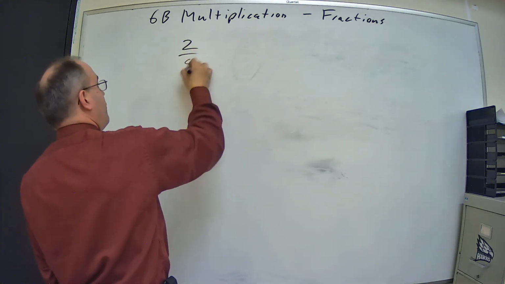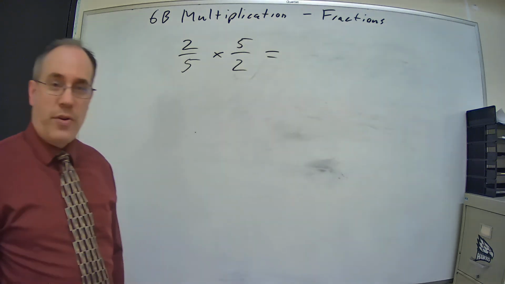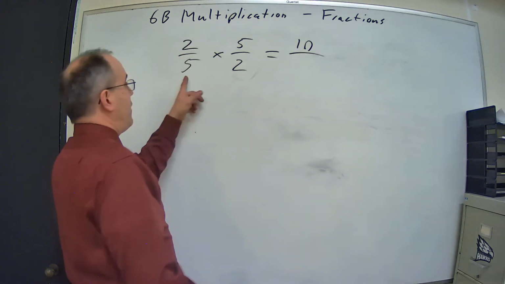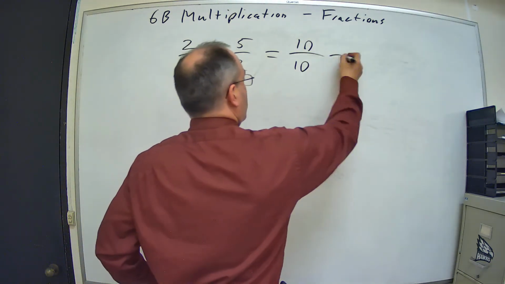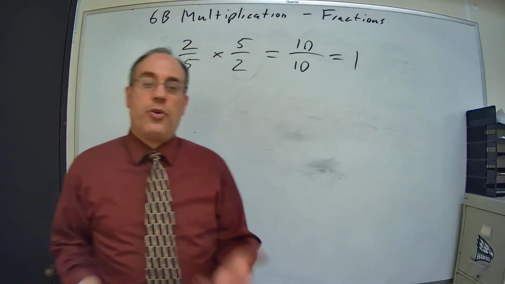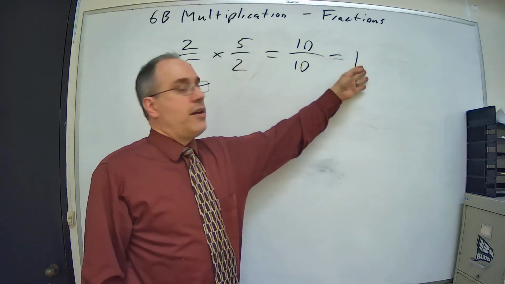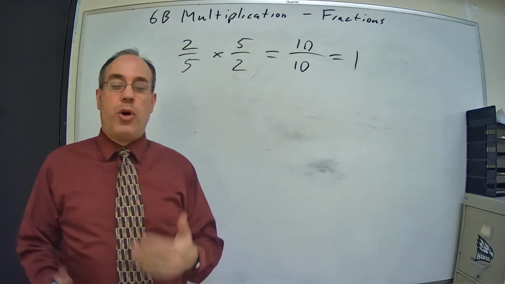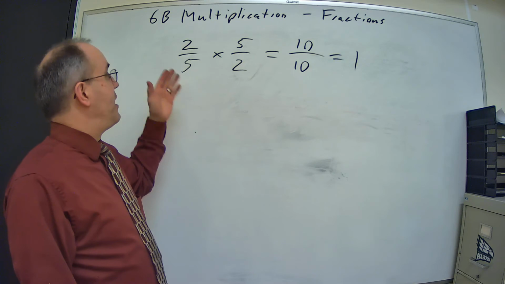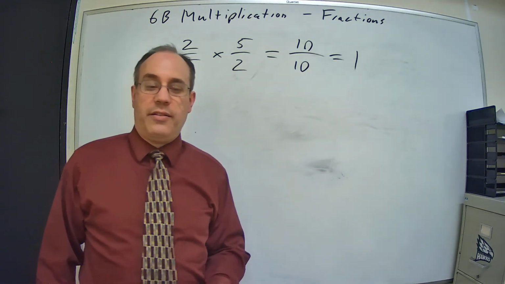If I take 2/5 and multiply it by 5/2, its reciprocal, then 2 times 5 is 10. 5 times 2 is 10. 10 divided by 10 is 1. So anytime you take a number and multiply it by its reciprocal, you get 1. And that's called the multiplicative identity. That a number multiplied by its reciprocal is equal to 1.